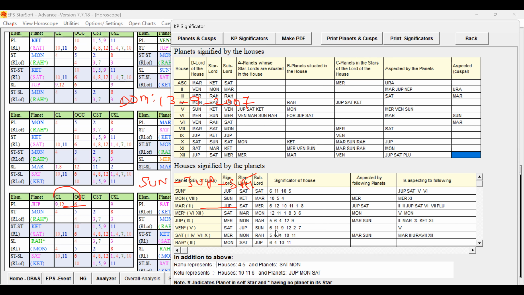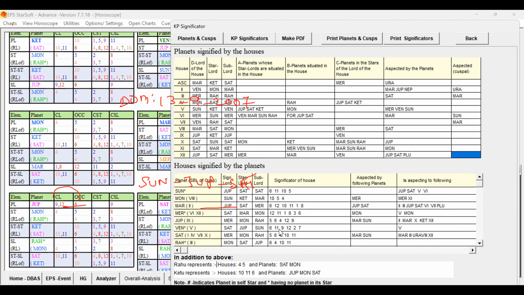Venus. Venus has 6, 11, 9, 12, 2, and 7. Venus is the only planet having the 2, 7, 11 significator, along with the 6th house and 12th house also. So no other planet is strongly favorable with just one favorable house.